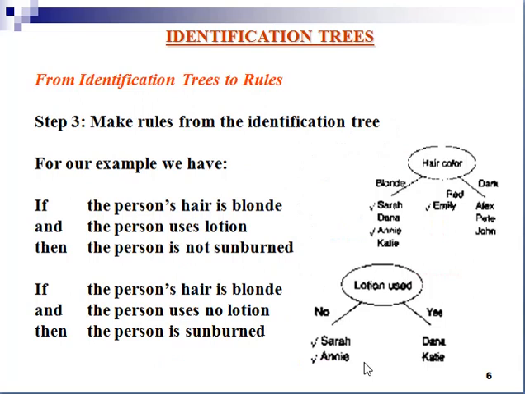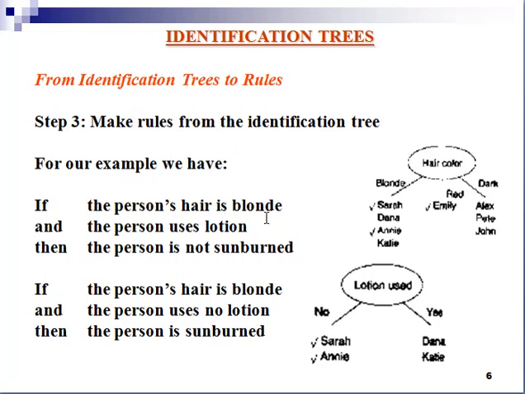So this was step number 2. In step number 3, we need to make rules from the identification trees, and these rules will be based on these trees which we have just created. For example, in our case, if the person's hair is blonde and the person uses lotion, then the person is not sunburned, right?